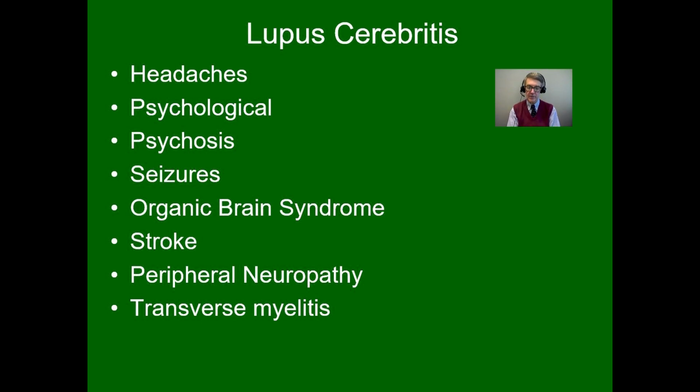A lot of times the double-stranded DNA, the serum complement levels, and immune complexes do not correlate with disease. A lot of times the cerebral spinal fluid is normal, and so one needs to look at it with other means of testing. PET scanning is sometimes used, MRI is sometimes used, but again, it's very difficult to diagnose.